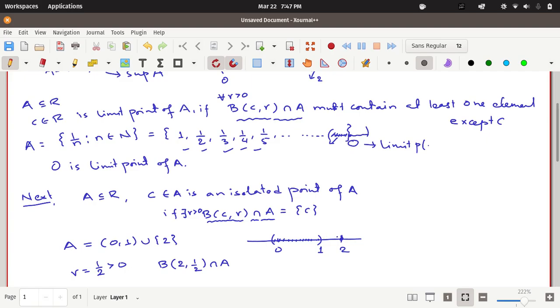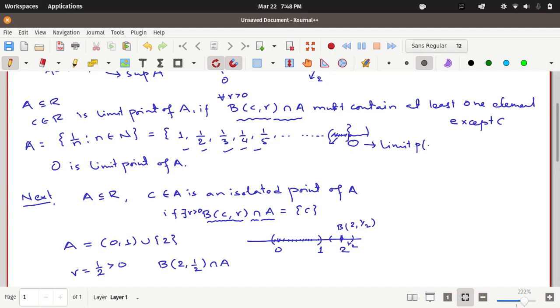As we have taken R equal to 1 by 2, we can draw an open ball with center at 2 and radius 1 by 2.